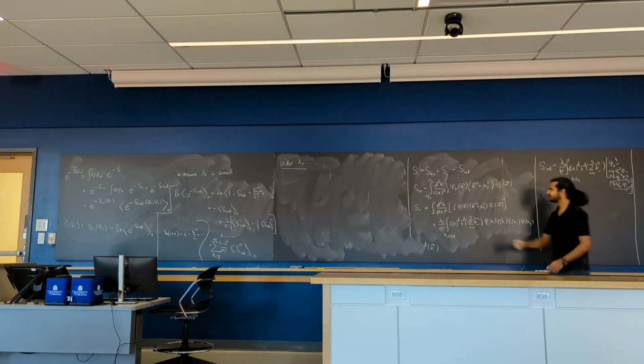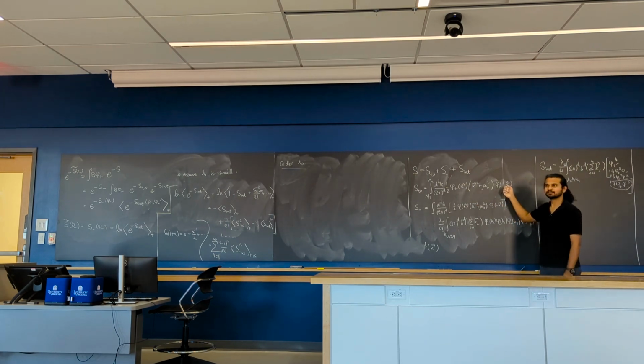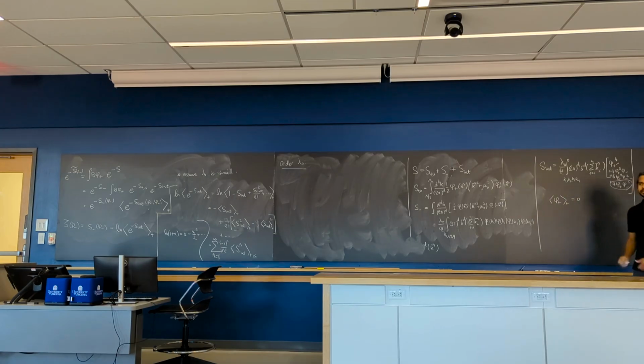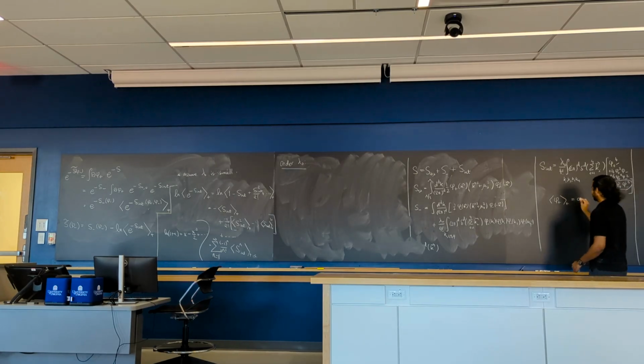Because we cleverly chose the phi plus free action to be quadratic. So what is this?